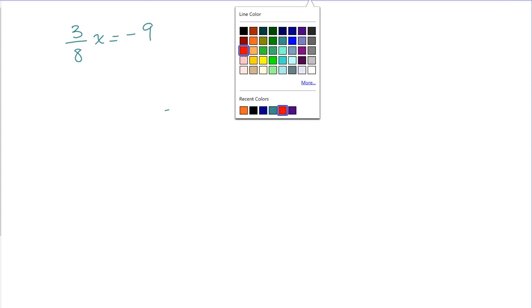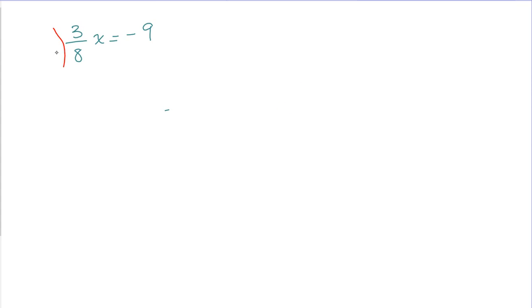Let's do one more example. Let's say we have 3 over 8 x equals -9. We're going to do the same thing here. So let me get a different color. We're going to multiply each side by the reciprocal.